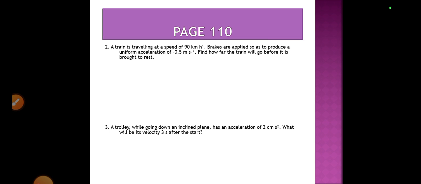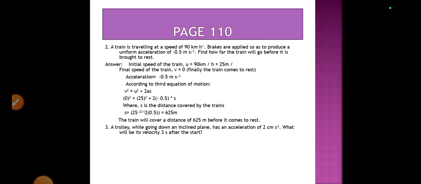Page 110. A train is traveling at a speed of 90 km per hour. Brakes are applied so as to produce a uniform acceleration of 0.5 meter per second square. Find how far the train will go before it is brought to rest.